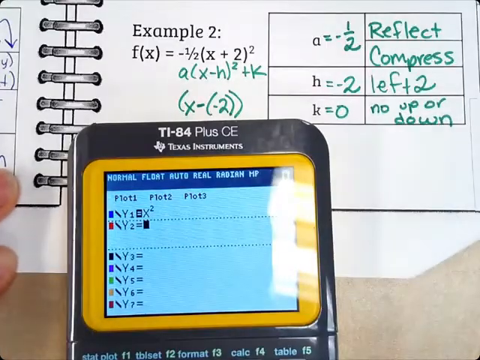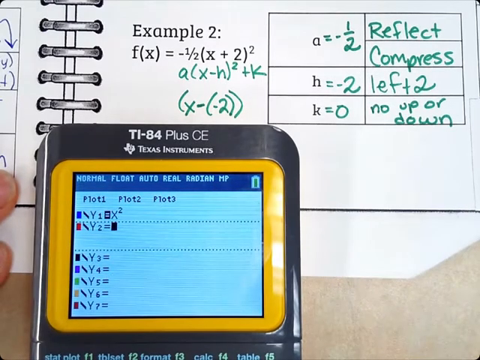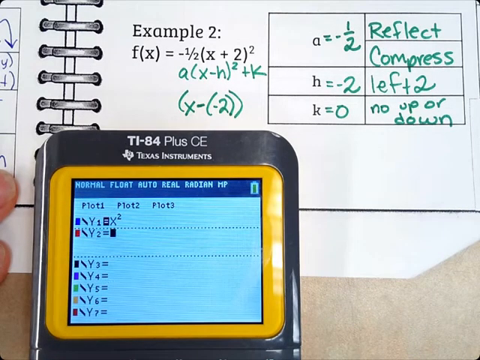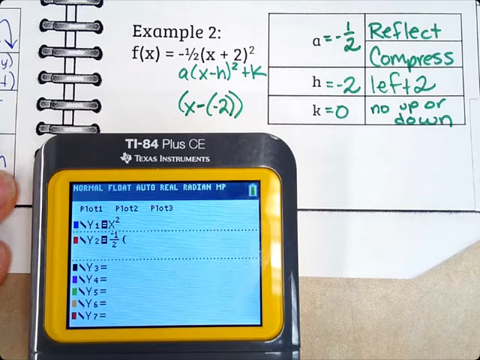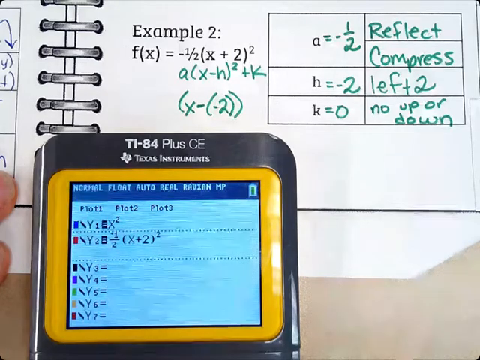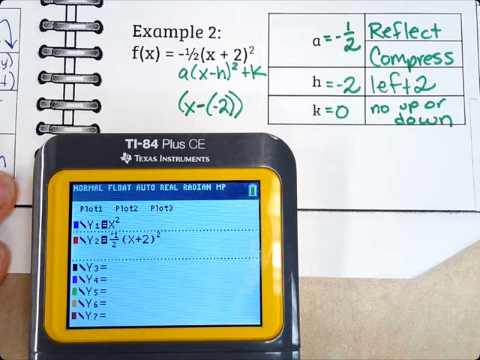So keep y1 as our parent function, x squared. So y2 graph it.